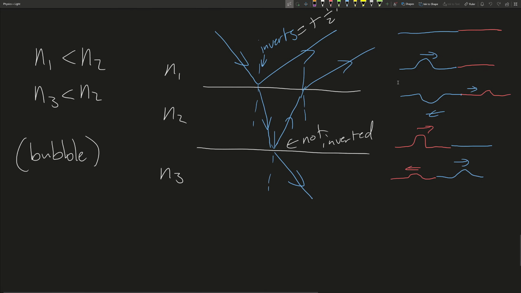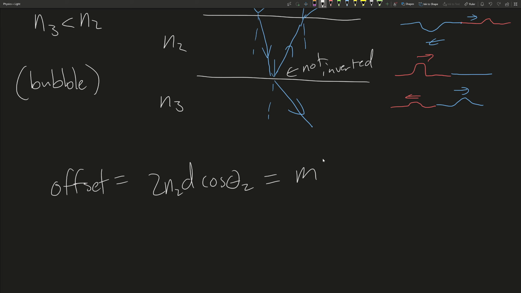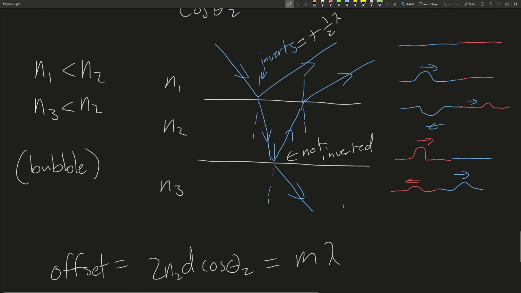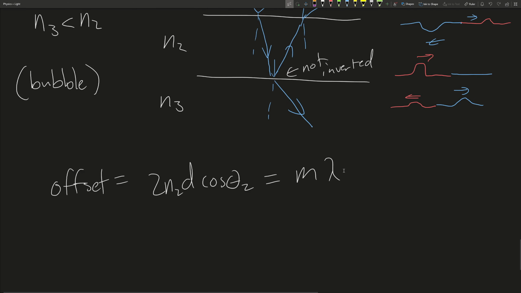And so this distance here, the offset, again, is equal to 2 n2 d cosine of theta 2. And now when this offset is equal to m times lambda, so when it's a full integer multiple of a wavelength, then the total offset is going to be equal to this distance it travels.